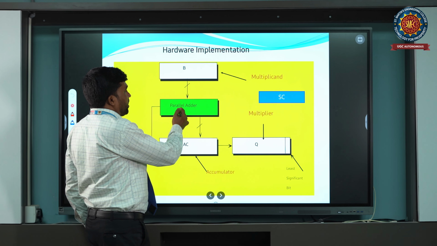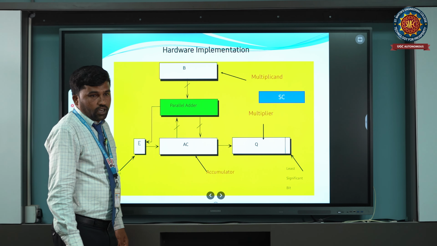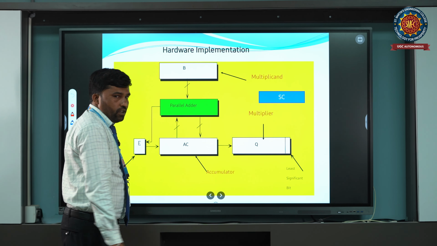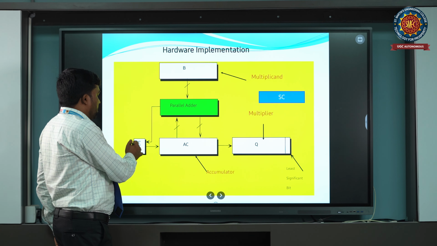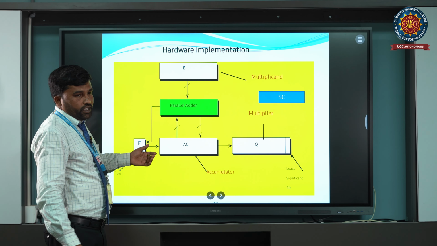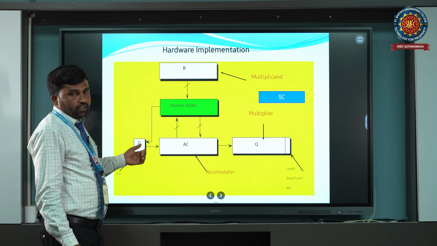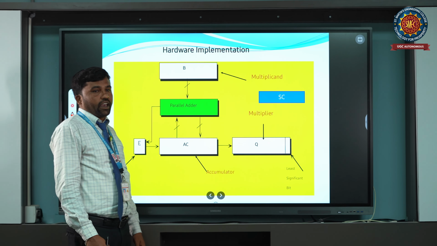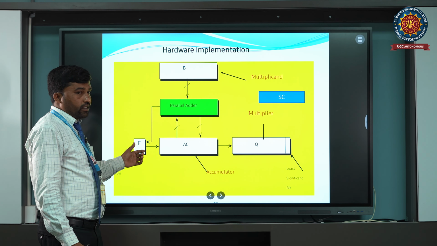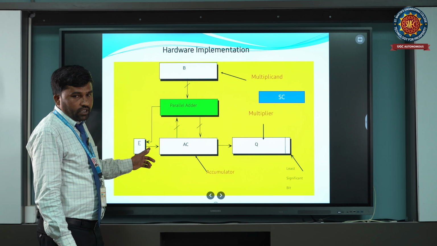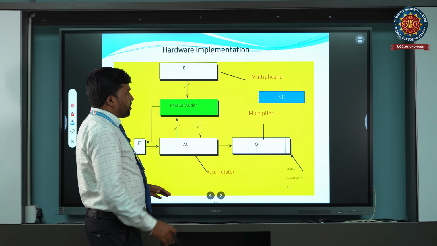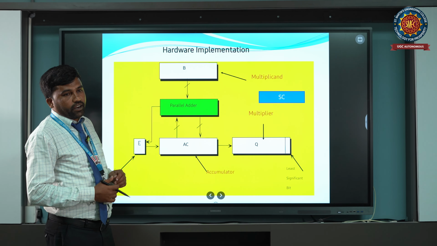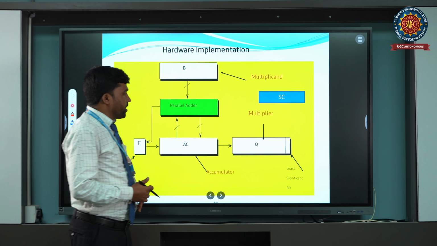At the parallel adder we do the ALU process, the arithmetic logic unit process, and we get the output at the accumulator. Here we are using one more register, E, the effective address. While doing the process, if any additional carry bits appear, we store those bits in E. Based on this hardware implementation we do the process and get the multiplication output.